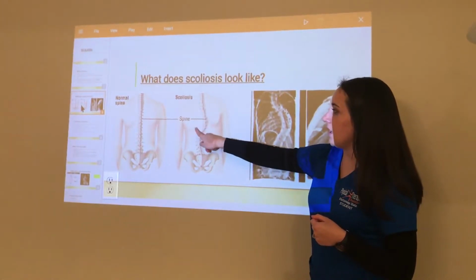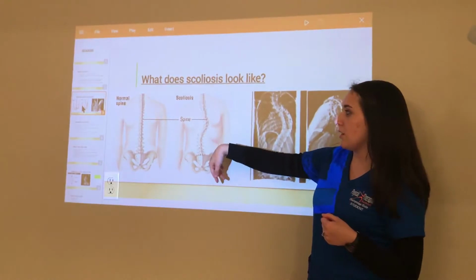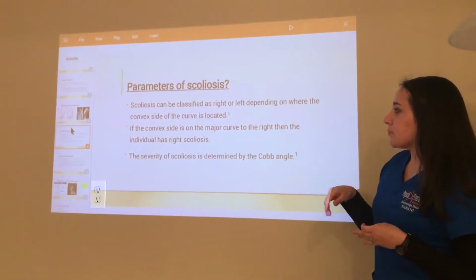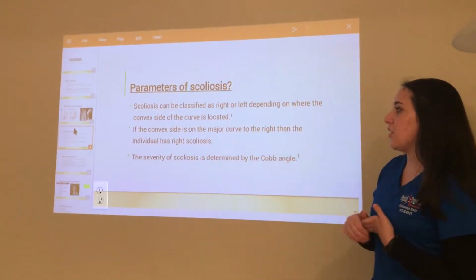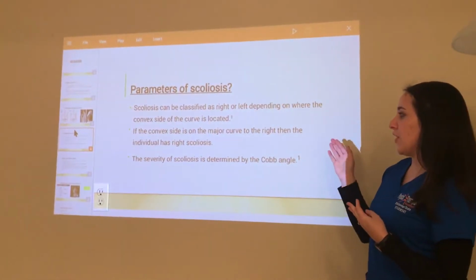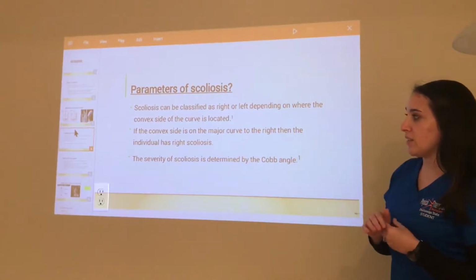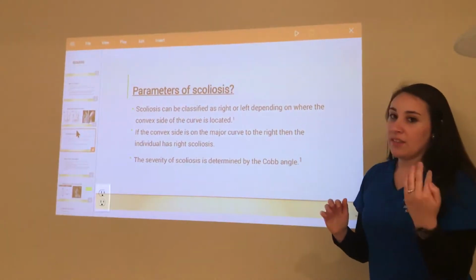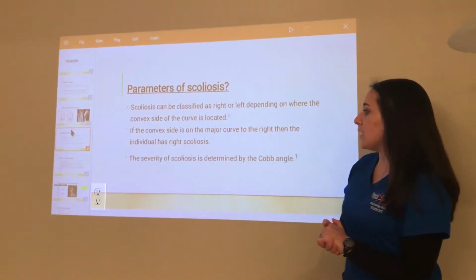If this convex side was on the left side, this person would have left scoliosis. Like I just said, if the major convex curve is to the right, then an individual has right scoliosis. Opposite, if the major convex curve is on the left side, they'd have left scoliosis.